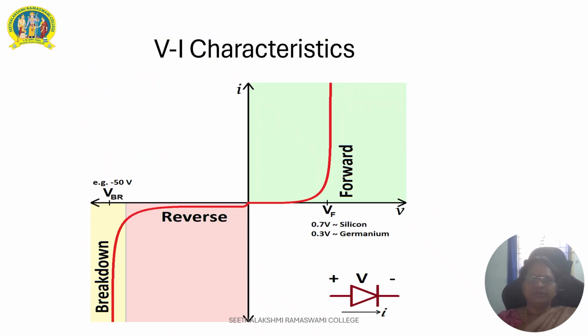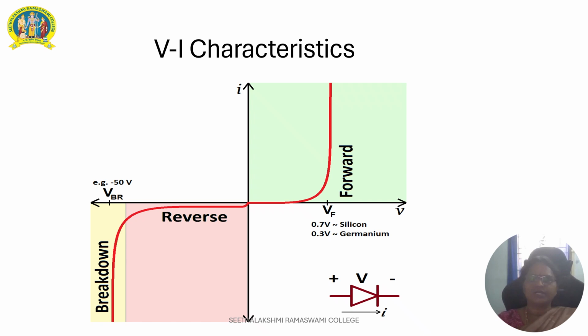Here VI characteristics of PN junction diode is drawn. The forward characteristic of PN junction diode in the first quadrant and the reverse characteristics of PN junction diode in the third quadrant. Here in this graph, forward voltage is taken along positive x-axis and forward current is taken along positive y-axis.